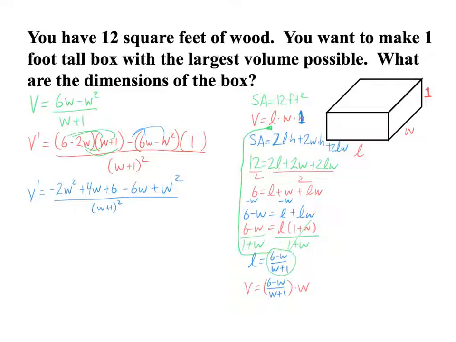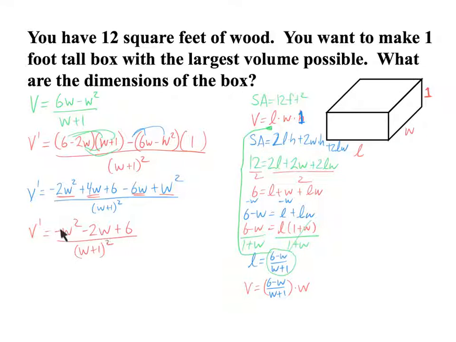Yeah. So, what do we finally get for v prime? Don't these combine? Negative w squared. Don't those combine? Negative 2w and the plus 6. All over w plus 1 squared. That right there is my derivative.